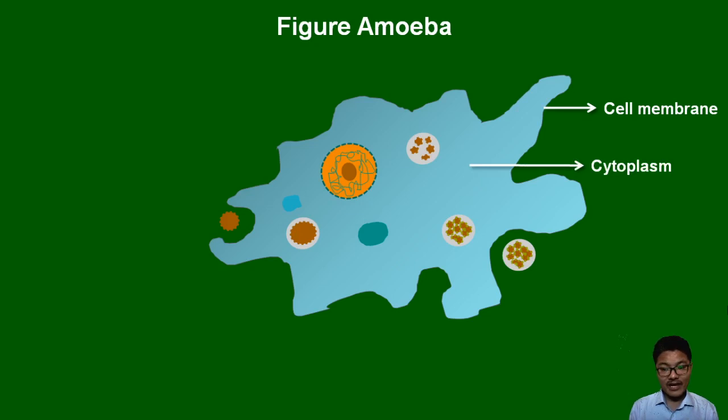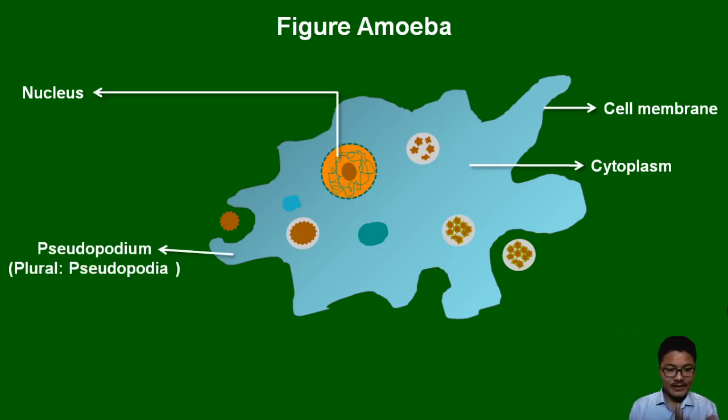Inside the cell membrane we have cytoplasm, the jelly-like substance in which different cell organelles float. We have the nucleus, the main controlling center of the cell. Being a eukaryotic cell, amoeba has a nucleus within which we have chromatin, nucleolus, nucleoplasm. The nucleus is porous.